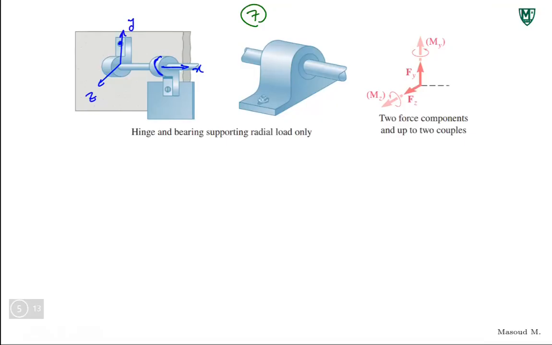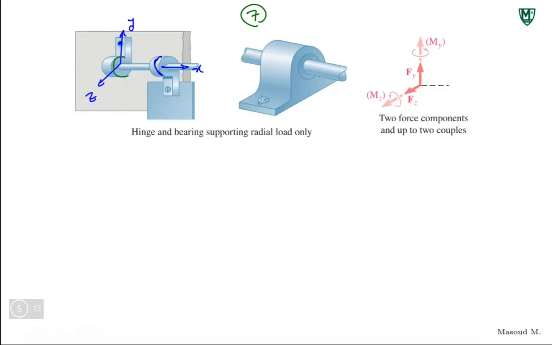But you can have motion in X, and you can have rotation in Y and rotation in Z. Now, this is not a great example, I guess that's the best way they could represent it. But whenever you hear hinge supporting radial load only, you can think about it this way. Radial load would be, let me see if I can explain this.